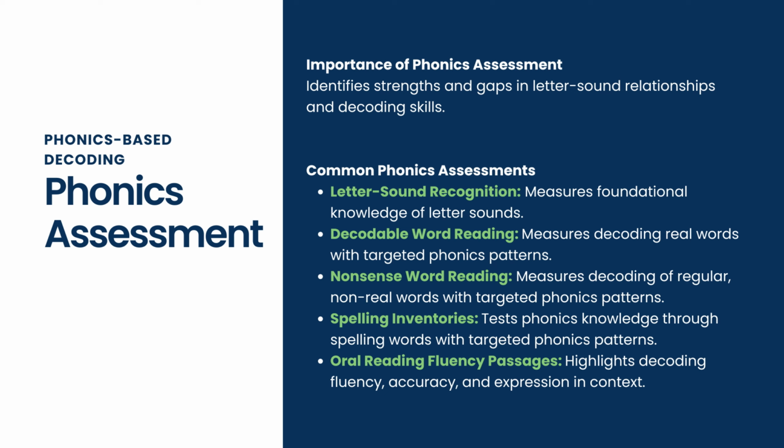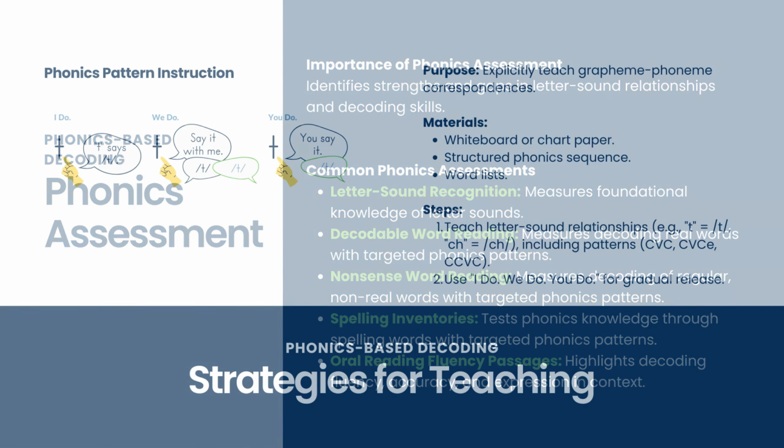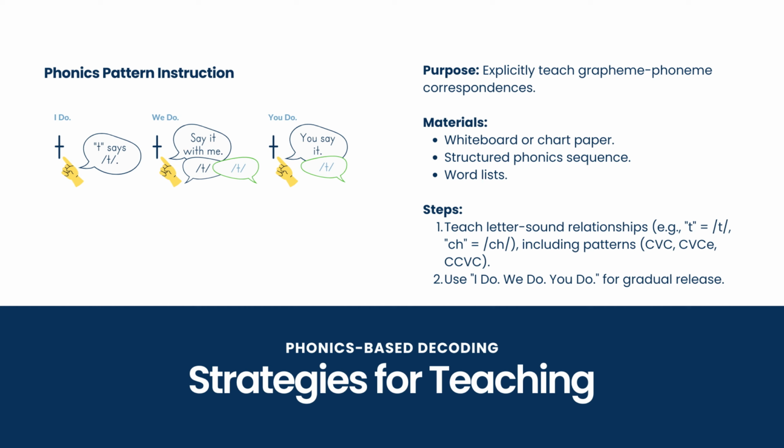By combining formal assessments with informal observations, we gain a comprehensive view of each student's decoding abilities. This allows us to design explicit, systematic, and responsive instruction that builds a strong phonics foundation, ensuring every student becomes a confident, fluent reader. In the next few slides, we highlight strategies for teaching phonics-based decoding.